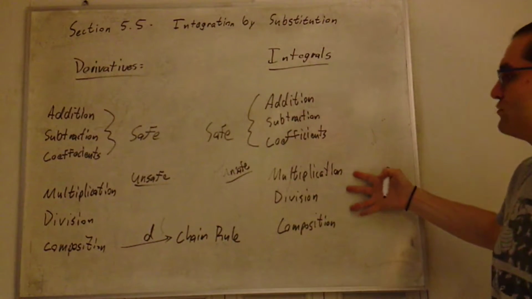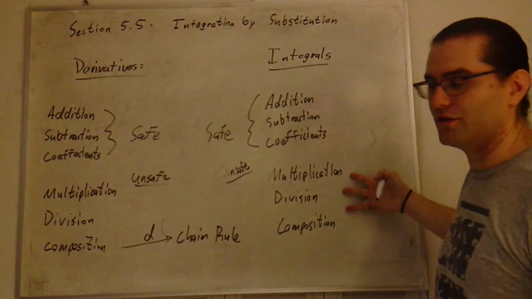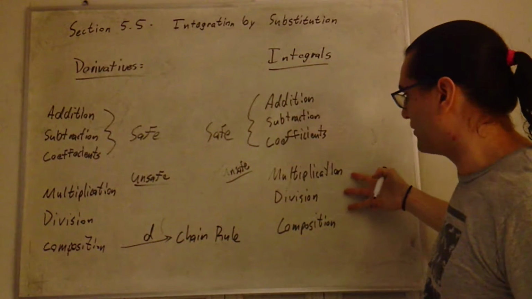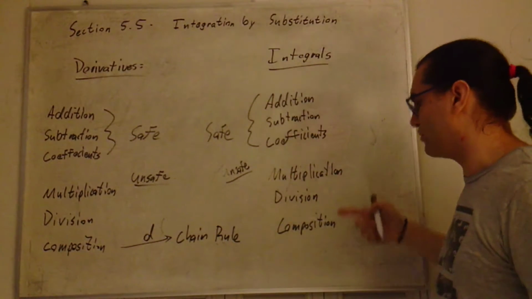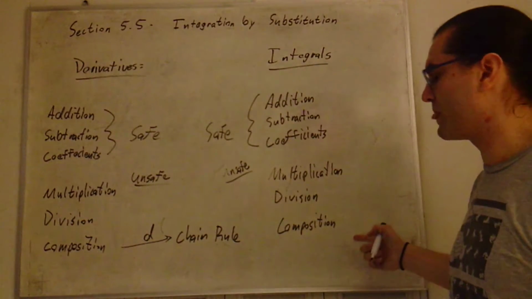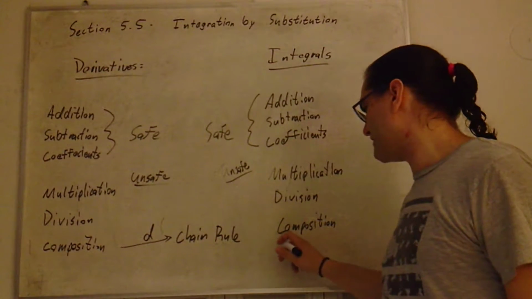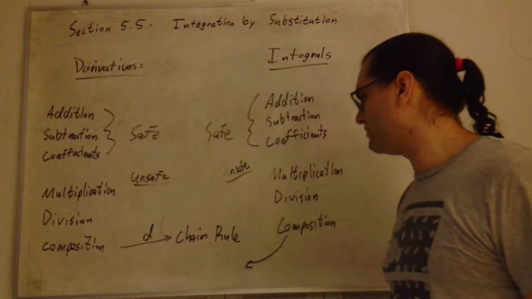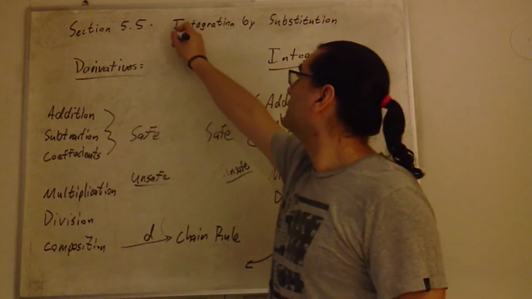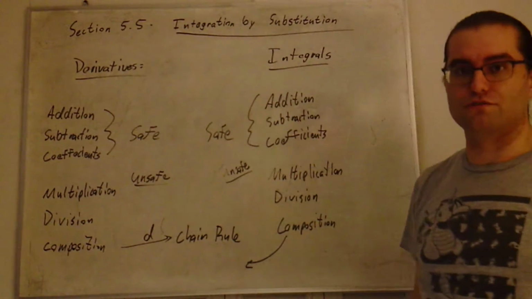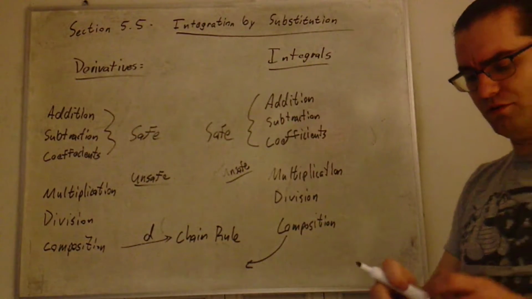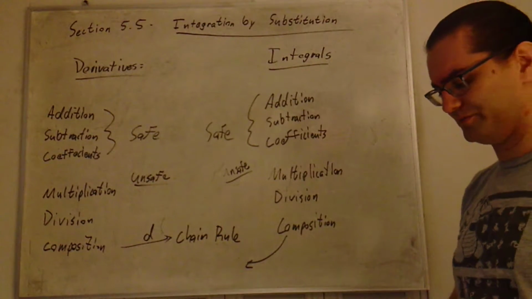We need special rules to be able to do antiderivatives for functions that are products or quotients or composites. And the antiderivative version of this, it's not the chain rule, it's called integration by substitution. But it's very similar to the chain rule. It's like doing the chain rule backwards.